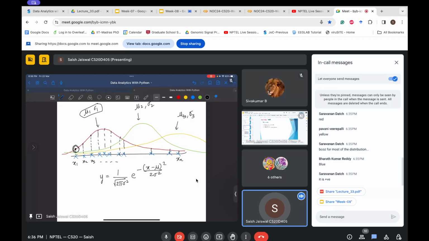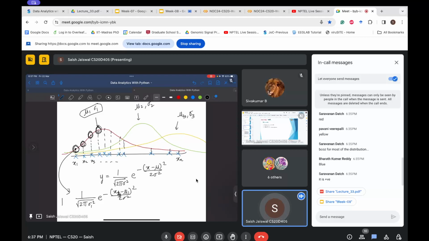So this particular point with respect to this red curve, which has mu1 and sigma 1 as parameters, will be 1 over root 2 pi sigma 1 square, e to the power x1 minus mu1 square upon 2 sigma 1 square. Similarly, for this point it will be x2, for this point x3, for this point x4 and so on.